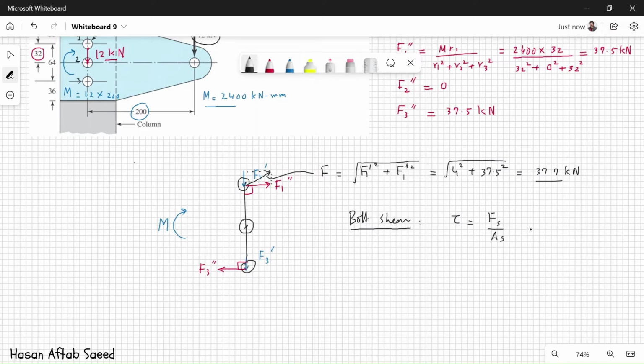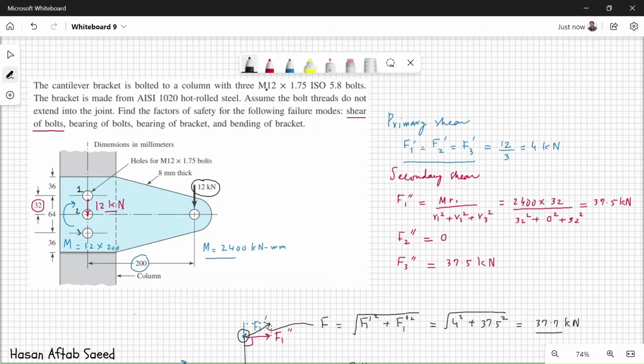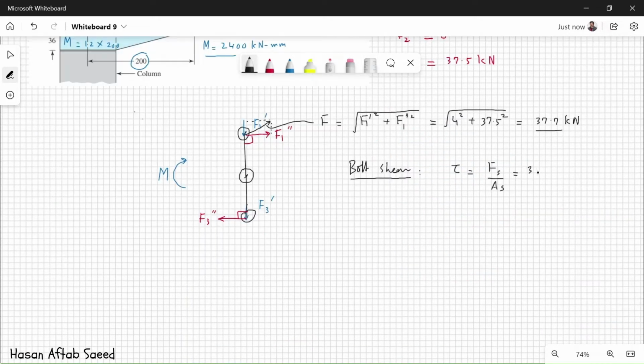Now this area can simply be calculated by using the nominal bolt size, because the problem statement says that the bolt threads do not extend into the joint. So it means that the plane at which the bolt shears is the shank part of the bolt, not the threaded part.